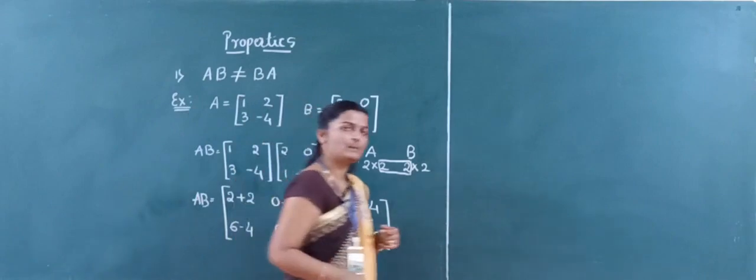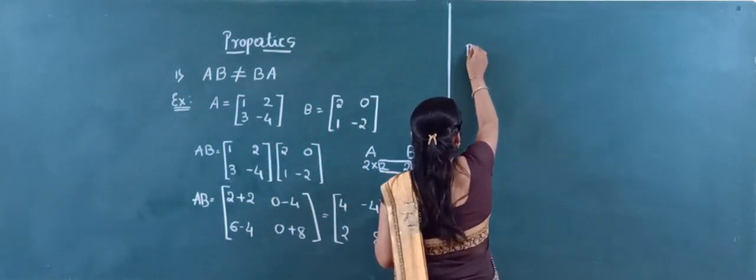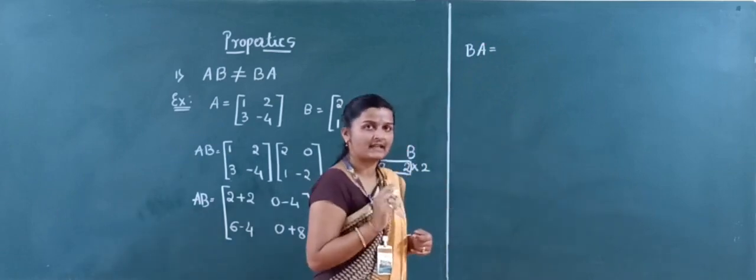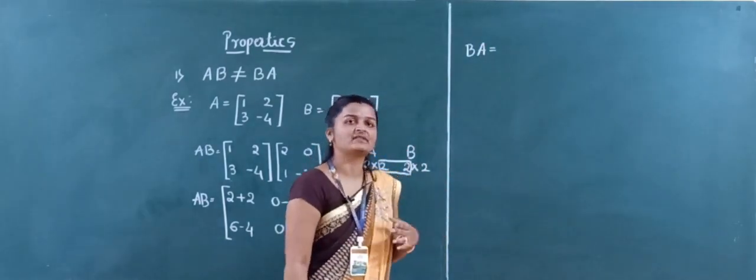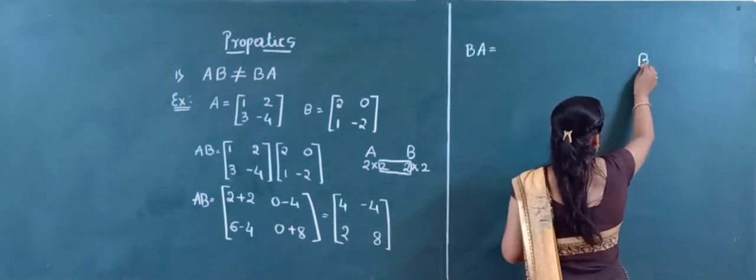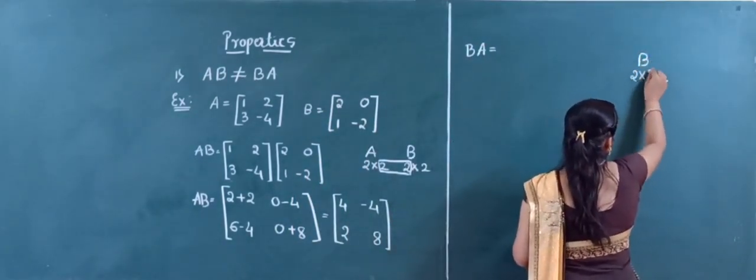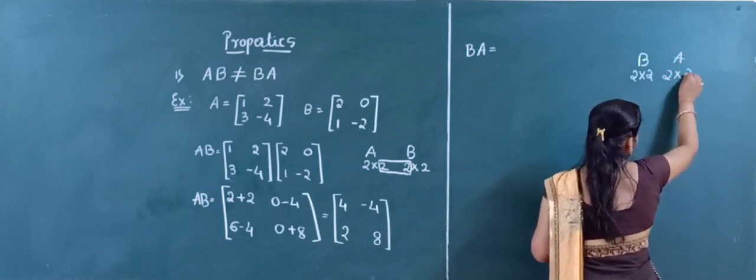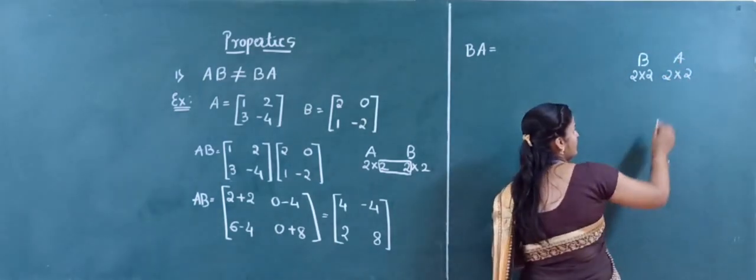Next we will find out BA. How can we find BA? Here the first matrix is B and the second matrix is A. So before multiplying, please check the condition for matrix multiplication. Our B matrix order is 2 by 2 and A matrix order is 2 by 2. What is the condition?